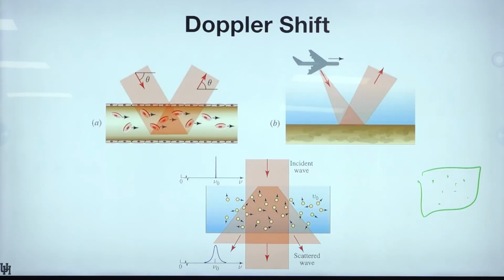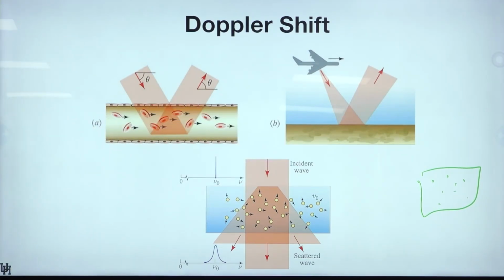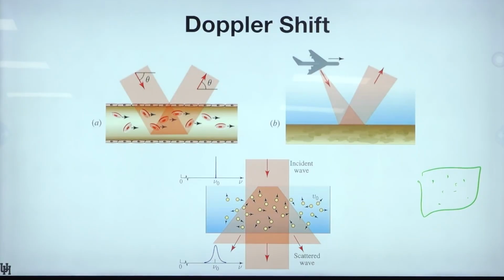If you have a wave incident on a bunch of particles, it scatters in some way. But do you know what the Doppler effect is? Heard of the Doppler effect? A few. Okay. You might have seen this in 11th and 12th grade physics, where a person is standing with a whistle, emitting a sound of some frequency.